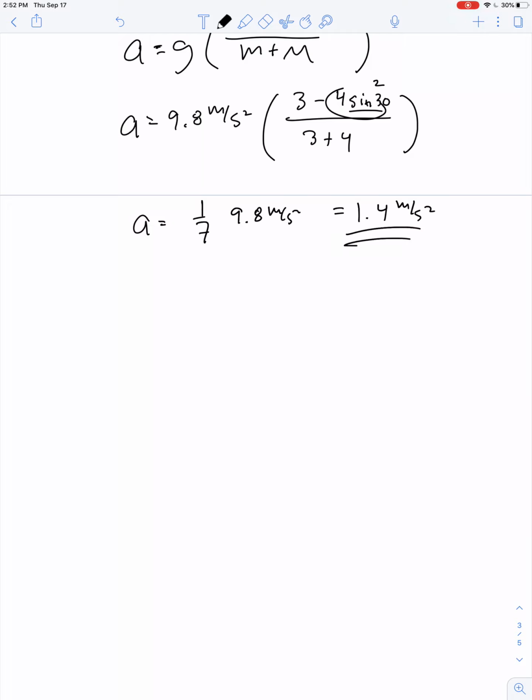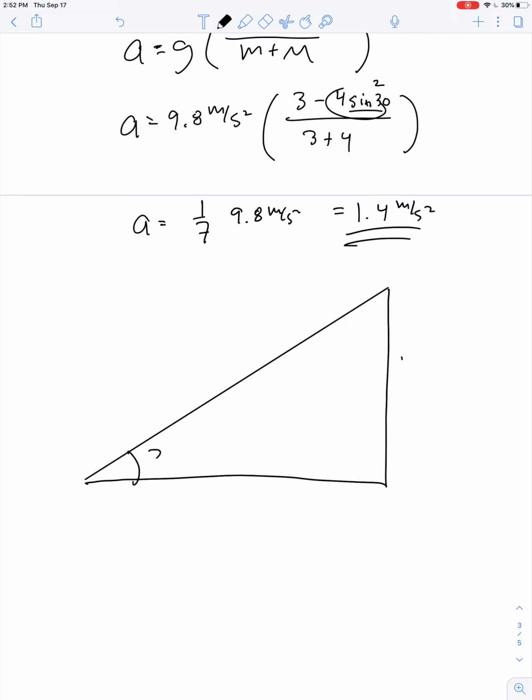Great. Well, that's just the first step of this problem. We make it more challenging by asking this question: what if the angle remains 30 degrees and we still have the same two blocks, 4 kilograms and 3 kilograms, but we say it's not frictionless, right?